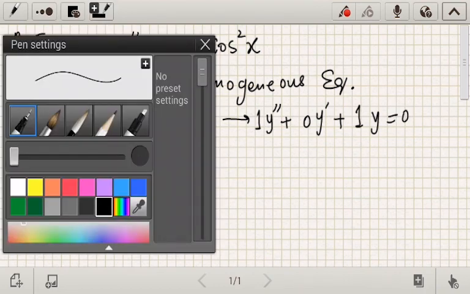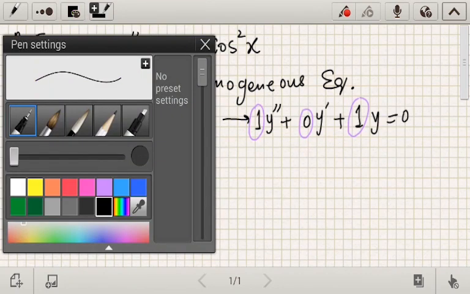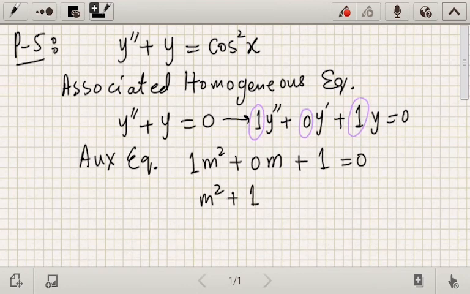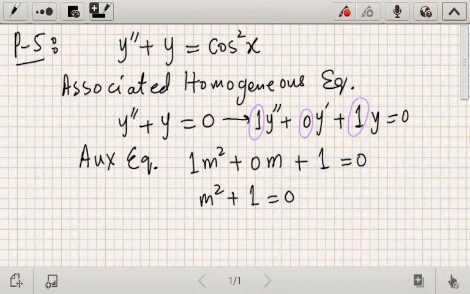Based on the coefficients here, 1, 0, 1, I can write the auxiliary equation as 1m square plus 0m plus 1 equal to 0, which converts into m square plus 1 equal to 0. So now it's fairly easy to see why we wrote m square plus 1 equal to 0 in the first place.